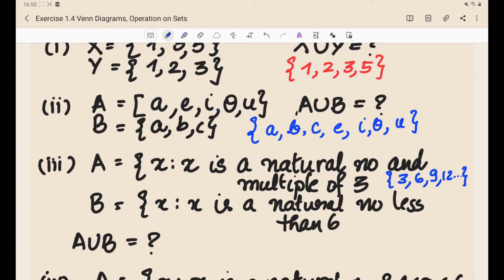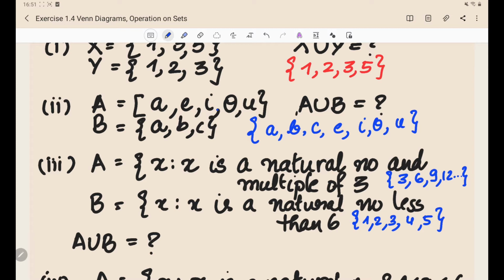So 1 till the highest number, that is, till infinity. B is the set of x such that x is a natural number less than 6. So this is a finite set because it is less than 6 and a natural number. So 1, 2, 3, 4 and 5, because it is less than 6. So 6 is not included.